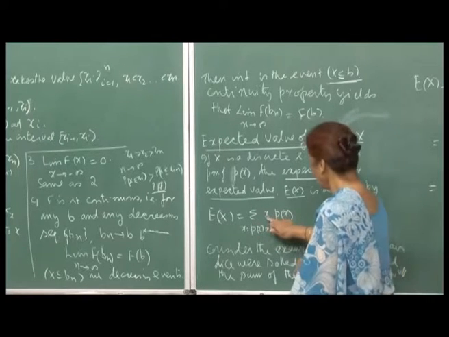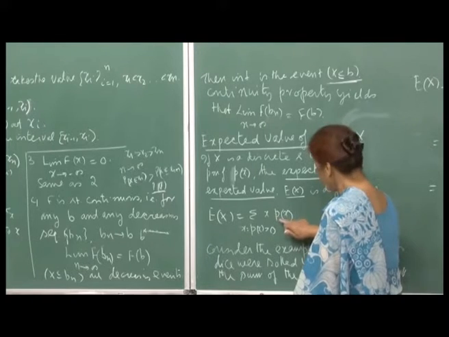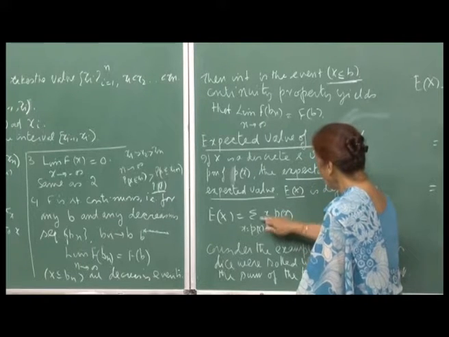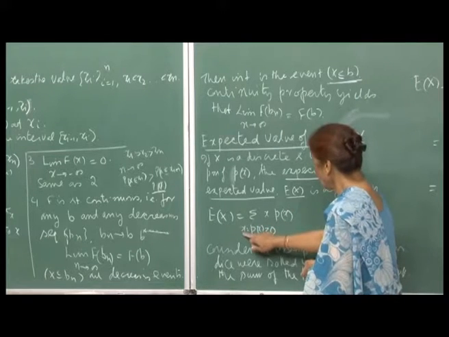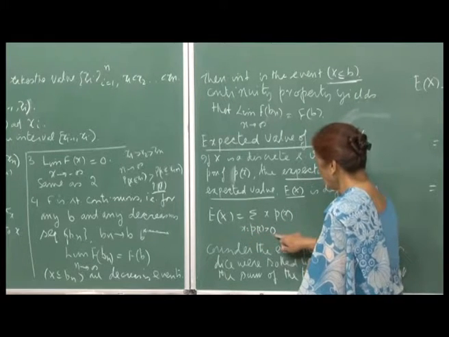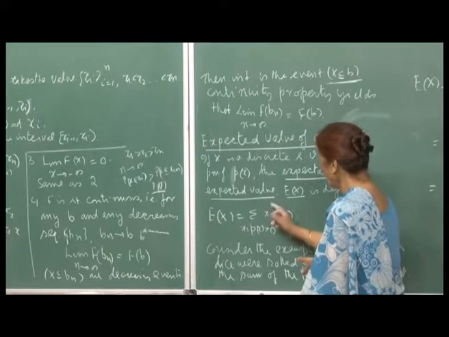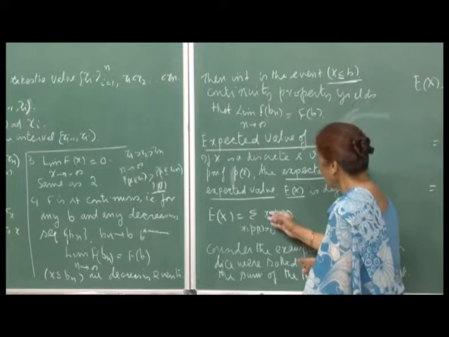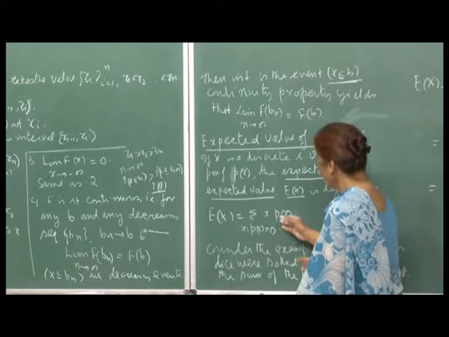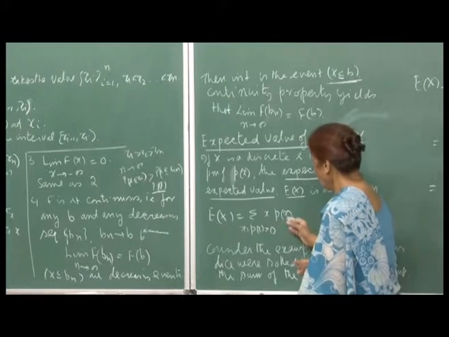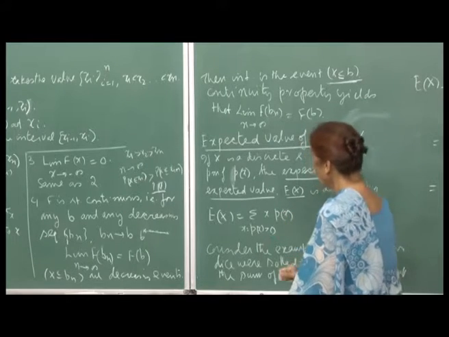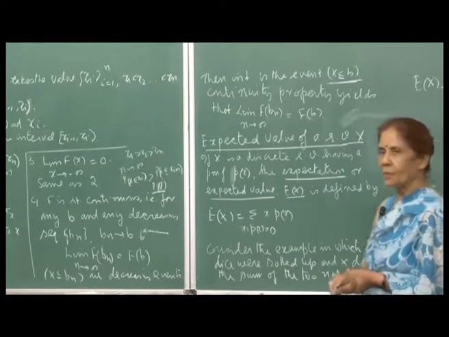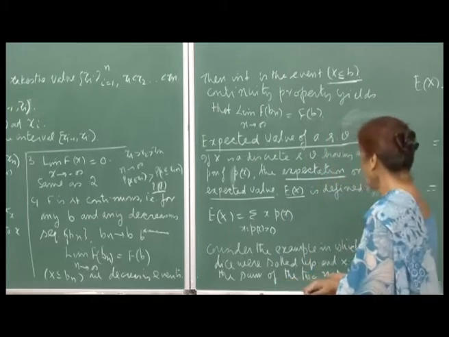That means you multiply x by its corresponding probability, and then you add up. This is over all x such that p(x) is positive, because if p(x) is 0, then the contribution will be 0. So, we take this sum over all possible x's for which p(x) is positive, and we define this as the expected value of the random variable X.